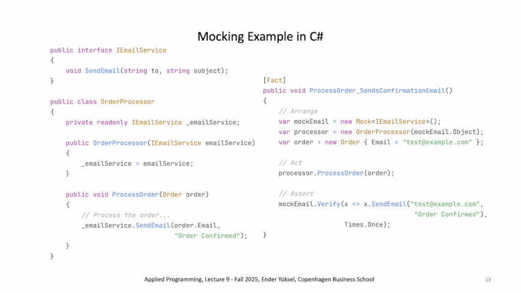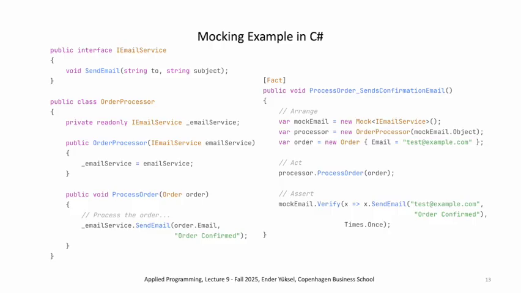We call ProcessOrder with a test order. The method runs, and when it tries to send an email, it calls our mock instead of a real email service. The mock records that the call happened. Finally, we verify with mockEmail.Verify.